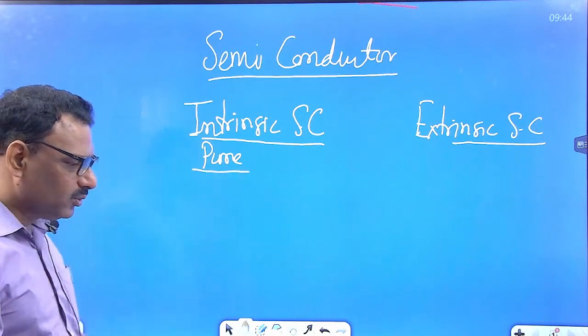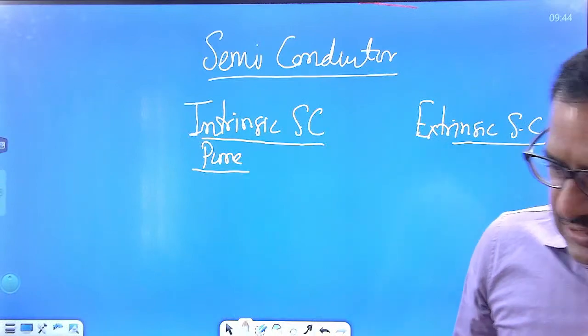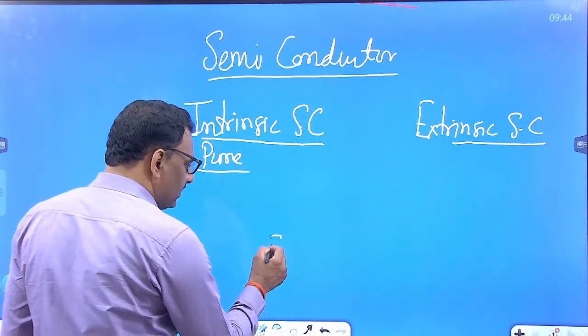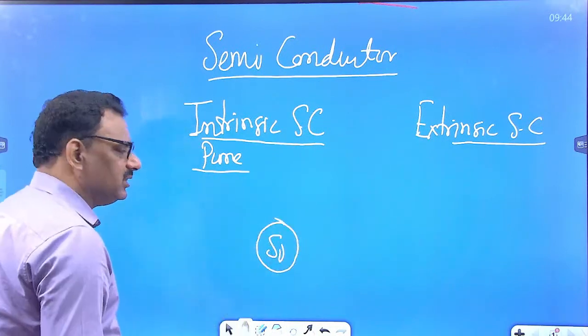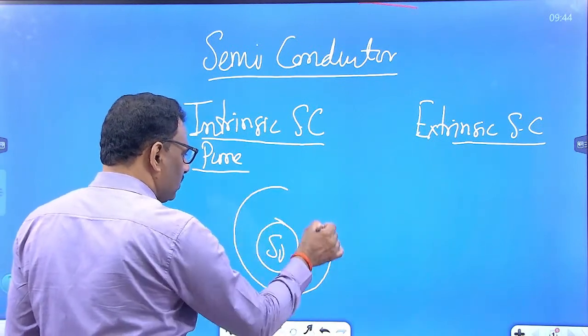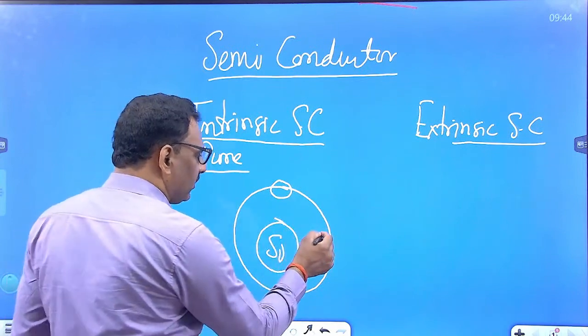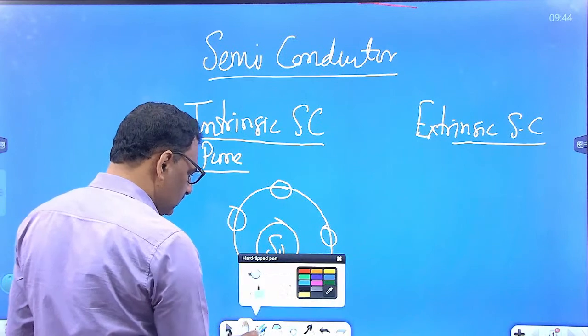Already I have told you that fourth group elements are the semiconductor materials. Say you have germanium or silicon, for example silicon. In the outermost orbit it has 4 electrons. I am not showing the other electrons. In the outermost we have only 4 electrons.